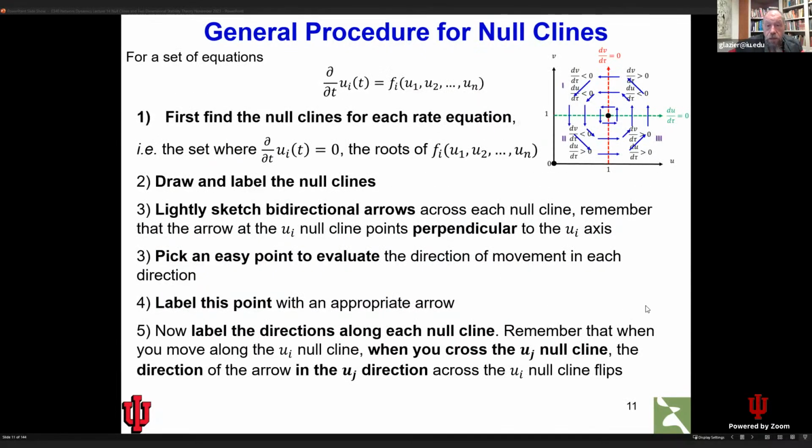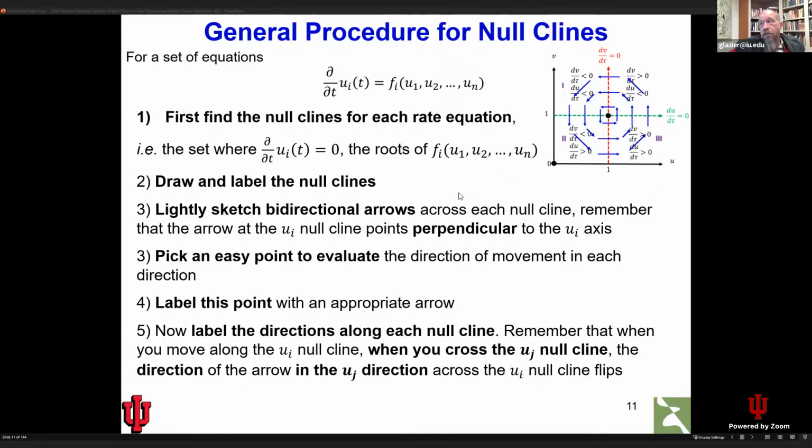I'm going to remind you of the general procedure we're going to go through for null-clines. We did this three weeks ago, but in a little bit of a hurry. The first thing you do, if you have a series of rate equations, is for each rate equation take the right-hand side, the rate law, set it to 0, and find its roots. You might solve x in terms of y, or y in terms of x, or it may be something complicated where you have some implicit form.